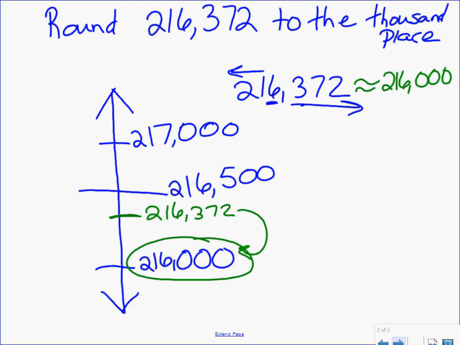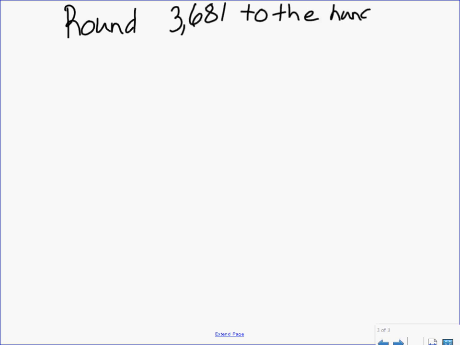Now, let's look at another one, maybe one that's not so large. Let's say round 3,681 to the hundreds place.